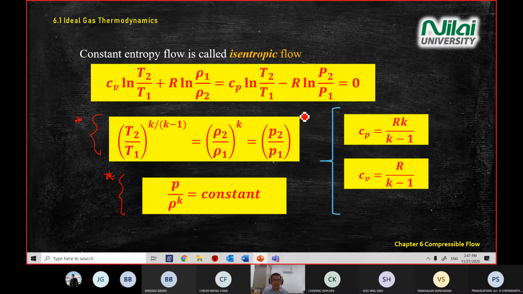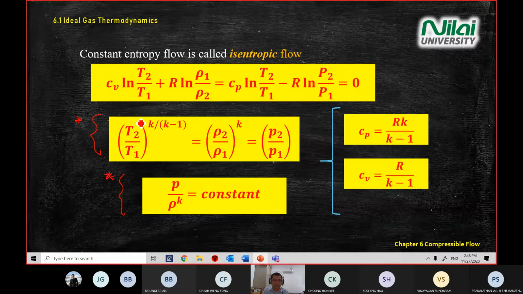This one you need to write somewhere, this is the fundamental of chapter 6, where every time you have a ratio, temperature ratio, density ratio, pressure ratio, at point 2 and point 1, let's say if in a question you only have density and pressure, you can convert from this form into temperature form. Okay, I repeat.